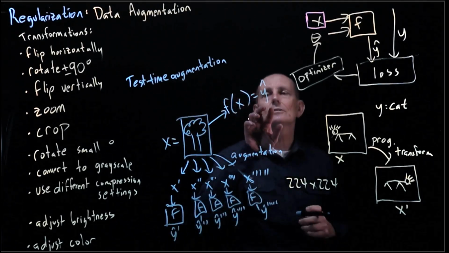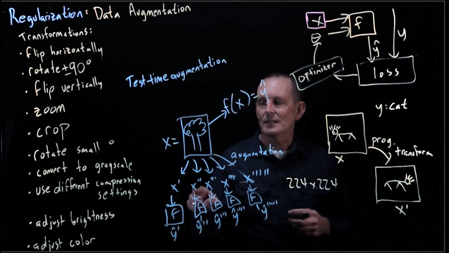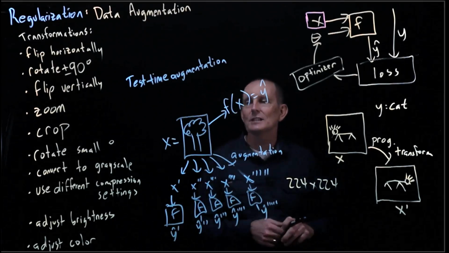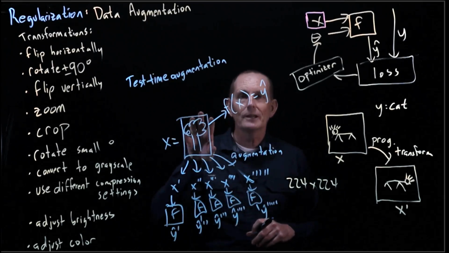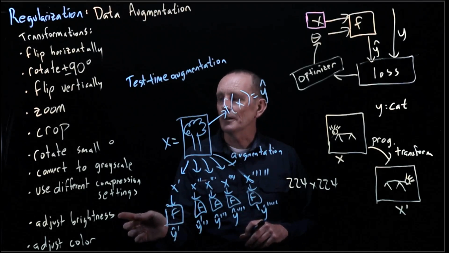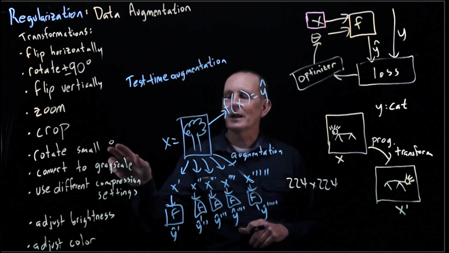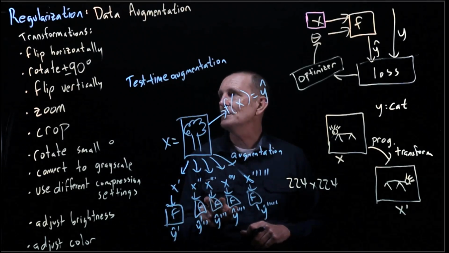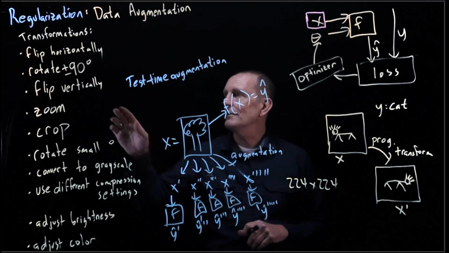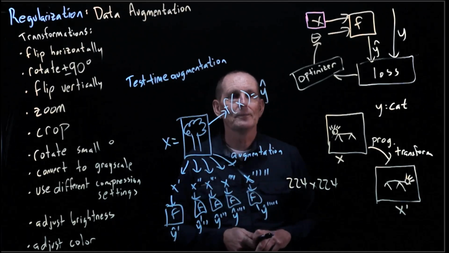So now we've got probabilities not only for x, but for x prime, x double prime, triple prime, quadruple prime, and quintuple prime. Maybe we fed in this tree, and x prime happened to be slightly brighter, x double prime happened to be rotated by a couple degrees, x triple prime happened to be flipped horizontally, x quadruple prime had some zoom in it, and x quintuple prime had its color adjusted slightly.